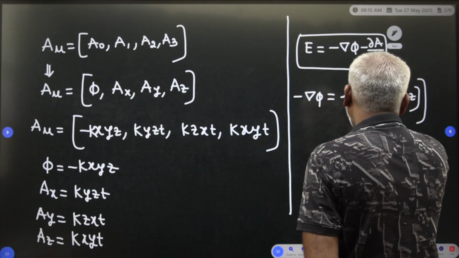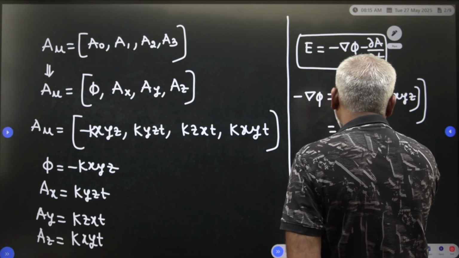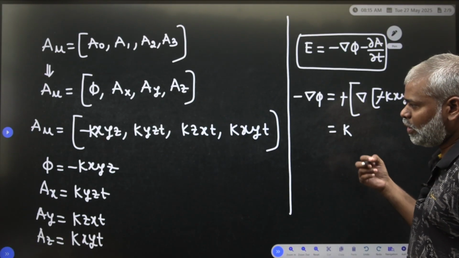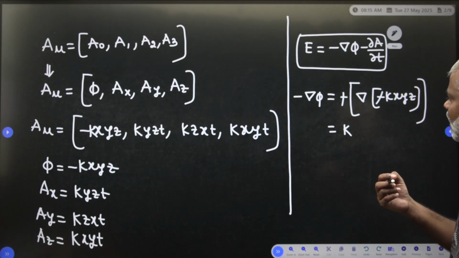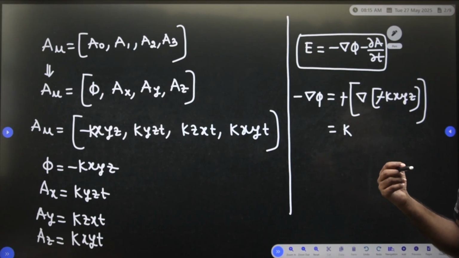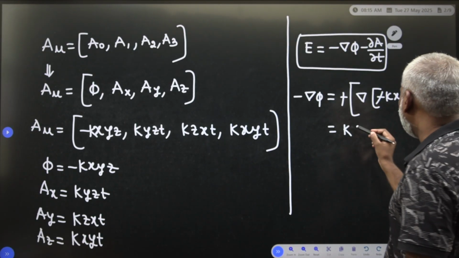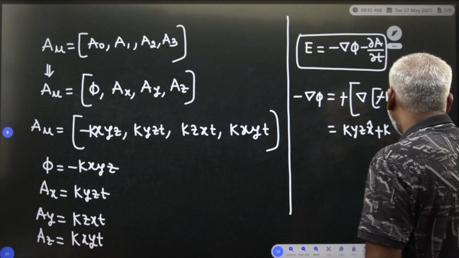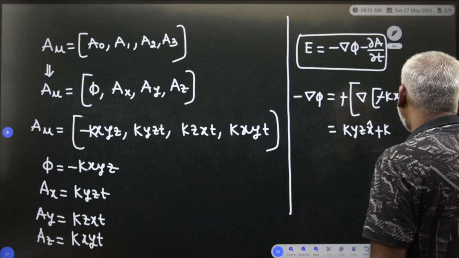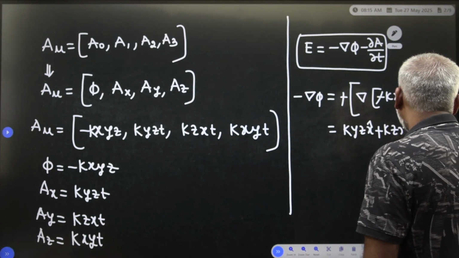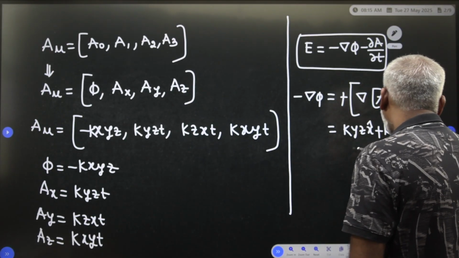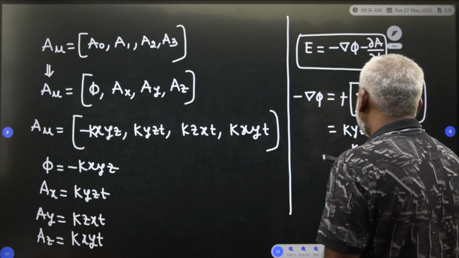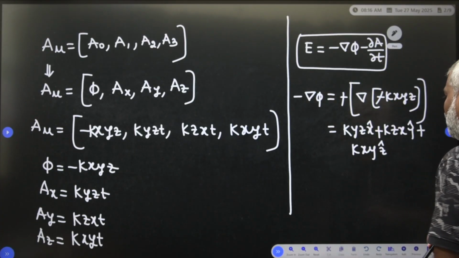Minus into minus gives plus, so it is k into yz into x cap plus k into zx into y cap plus k into xy into z cap. This is the minus gradient of phi.